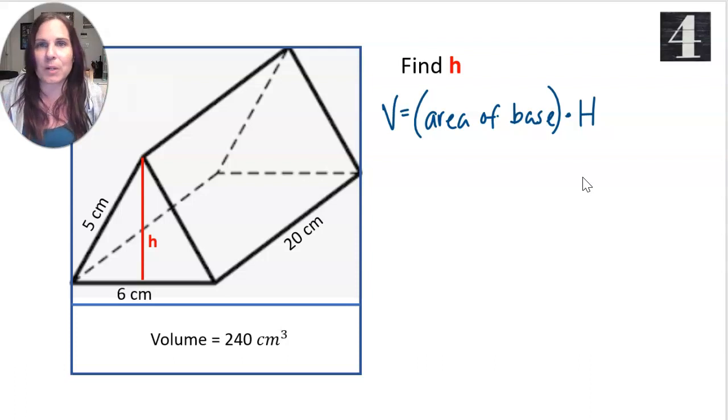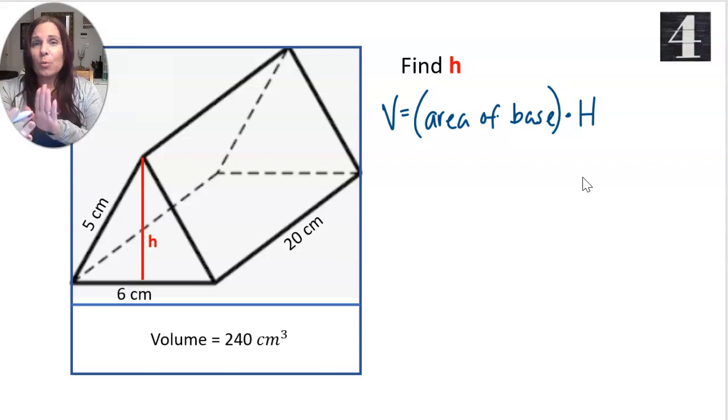If the bases aren't what I thought they were, maybe the height isn't either. And that might be true because this prism is not standing on its base. So you can't just look at how tall it is and say that that must be the height. It's not. The height is how far away the bases are from each other.